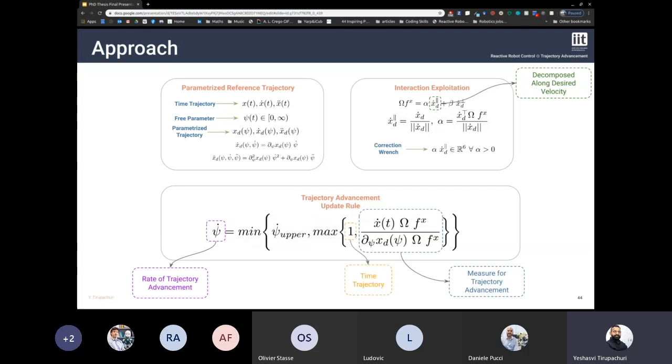The value 1 here highlights that the new trajectory, which we are parameterizing in the free parameter, is similar to the time parameterized trajectory, and this value is the upper limit on the amount of trajectory advancement, just to ensure safe interaction with the human.